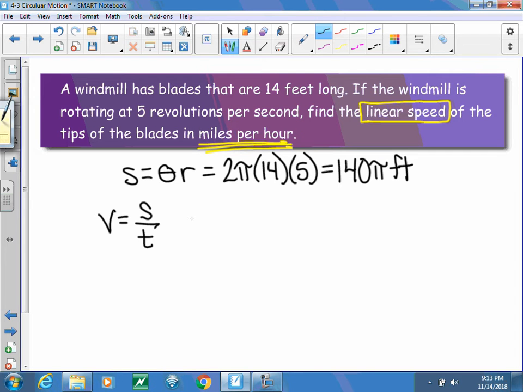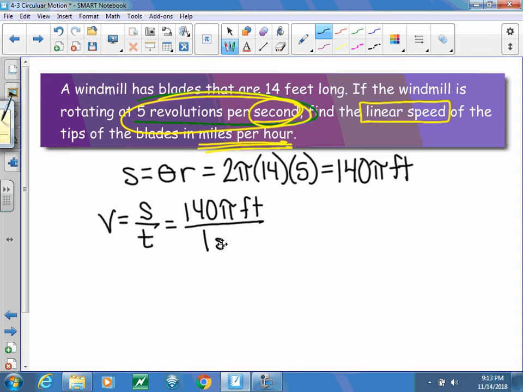So now to go ahead and find our velocity here, we're going to take 140 pi feet. And since you are working with your 5 revolutions per second, that means that we need to be taking the 140 pi divided by 1 second.